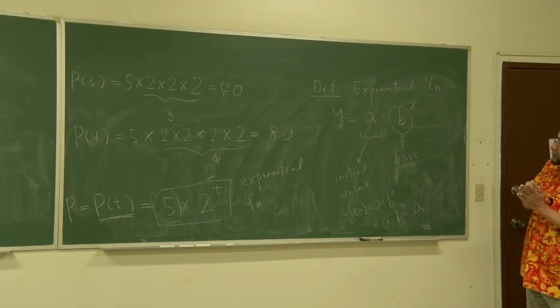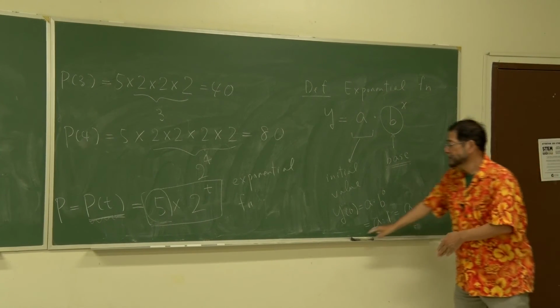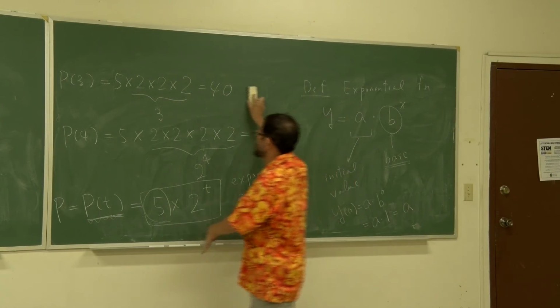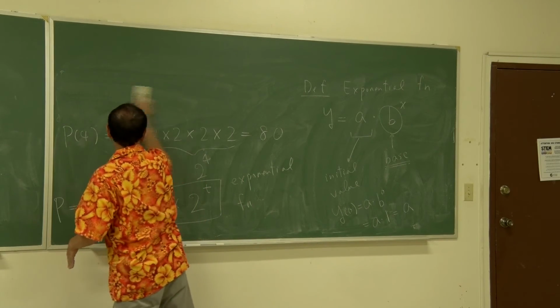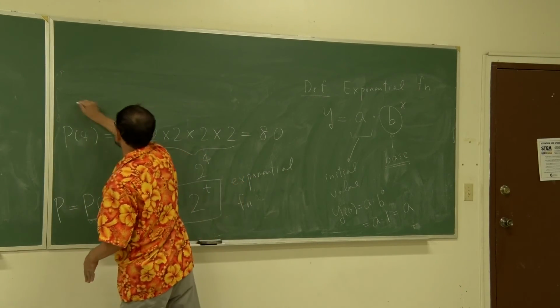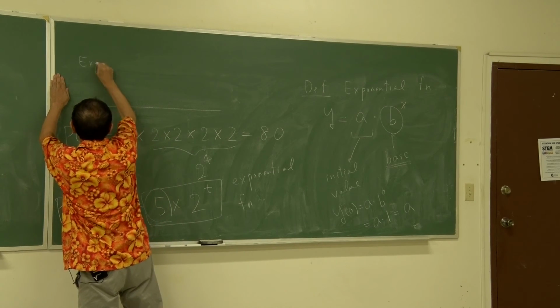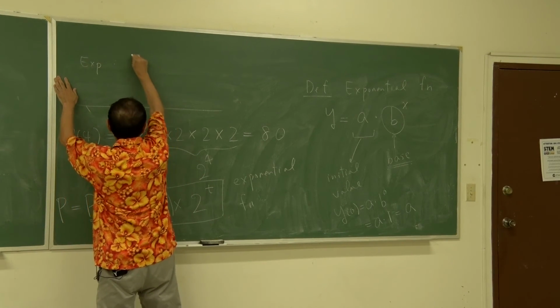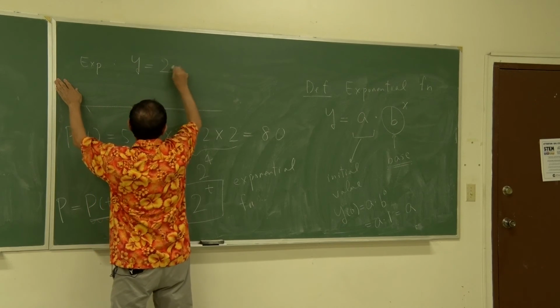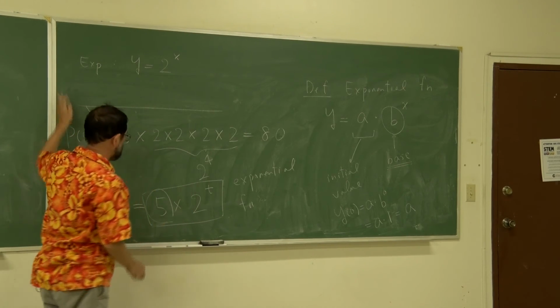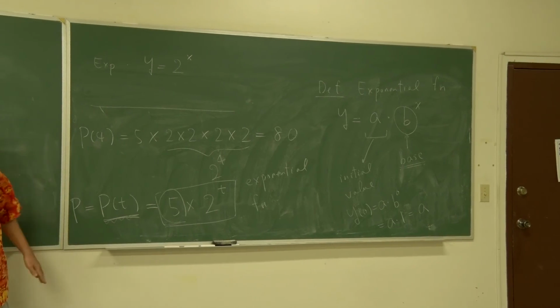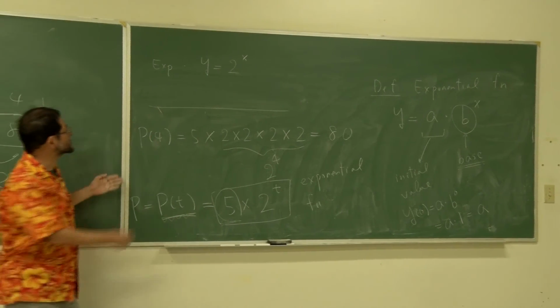Just one little remark: sometimes people get confused between the exponential function and the quadratic function. The exponential function, for example, y is equal to 2 raised to x, the very simple one, is an example of an exponential function.